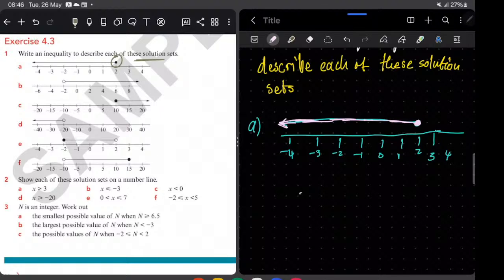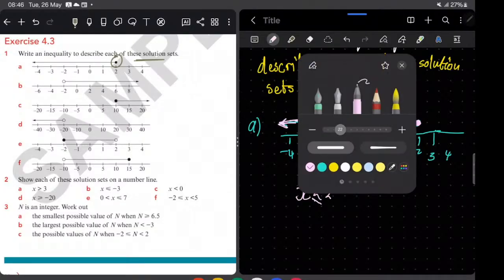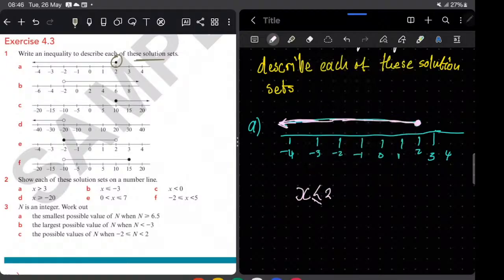So because it's facing the left, x is less than 2. Now we looked at the circle here, and we saw that it was shaded inside. Then it means we should put an or equal to there. Do you agree with me? Good.